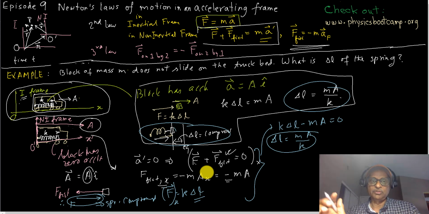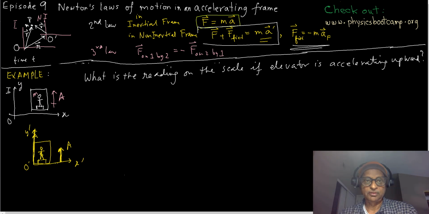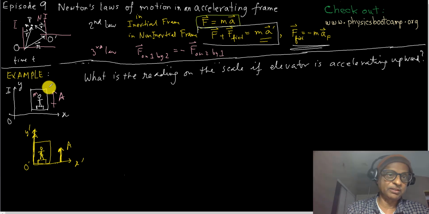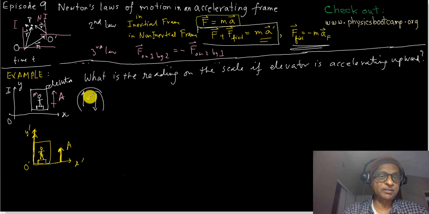Okay, so we can do another example. This is another example where it's easy to see. So here is someone riding an elevator. The elevator may be going up or down, it doesn't matter.